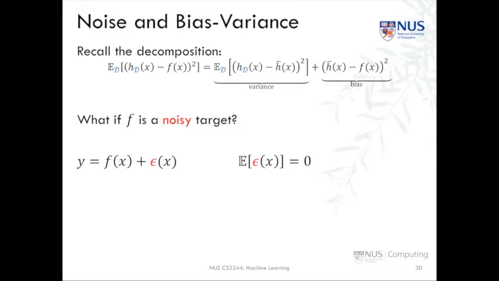Let's study this again through the noise and its relationship to bias variance. So you'll remember the decomposition that we had on bias variance. Bias was the deterministic noise, which is basically looking at how well the average hypothesis coming from the hypothesis set would be able to capture the actual target function.